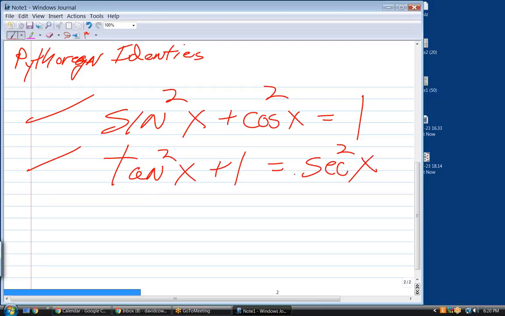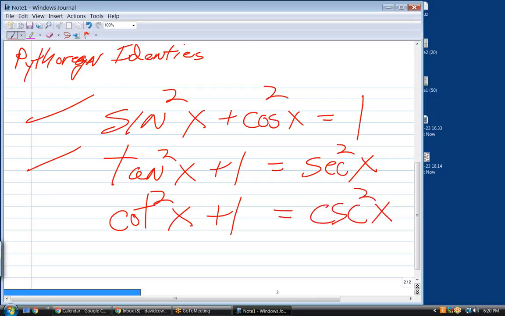The third one is the cofunctions of the second one. Now, let's make sure that I don't confuse you here with the term cofunction. Cofunction is not the same as reciprocal. Cofunction of sine is cosine. In other words, the cofunction is you stick co in front of it. The cofunction of tangent is cotangent, which also happens to be the reciprocal.